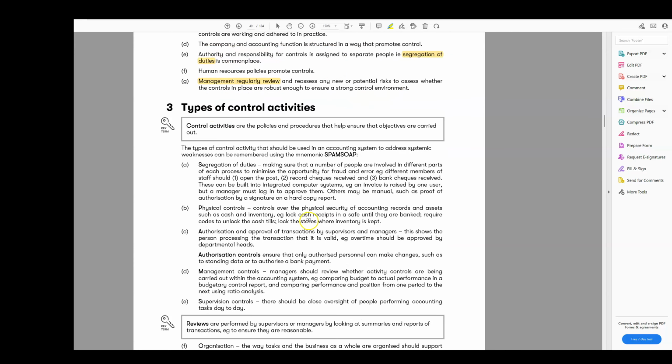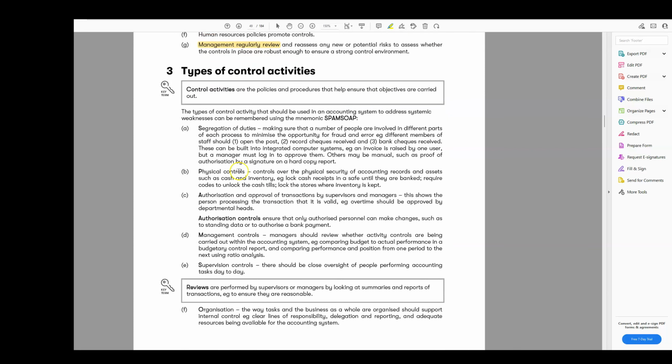Then we have the types of control activity. As we discussed before, the mnemonic SPAM SOAP will help us remember what type of control we can put in place to make sure the system and the control environment are strong. Control activities are policies and procedures that help ensure that objectives are carried out.